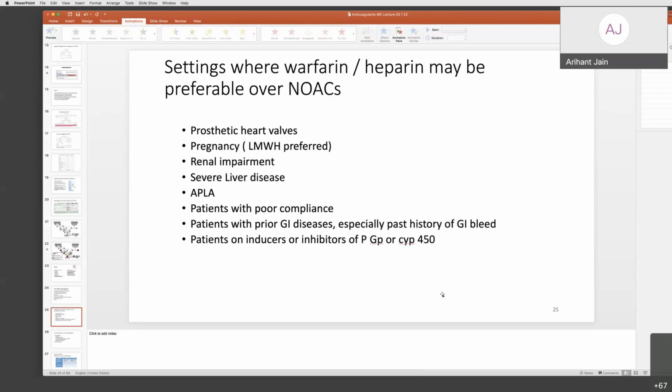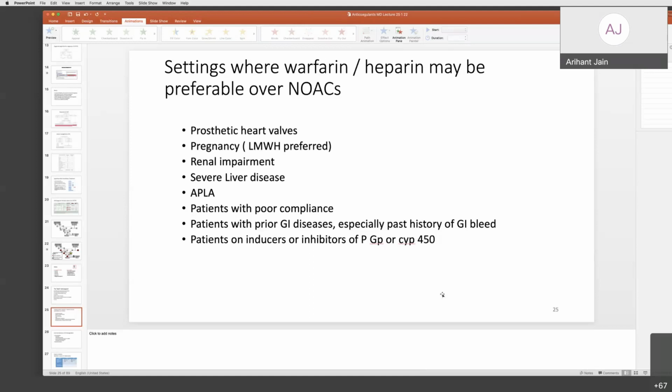One is prosthetic heart valves, then pregnancy. Again, low molecular weight heparin is preferred because NOACs have not yet been approved in pregnancy. Renal impairment, we will see what can be done in renal impairment. In severe liver disease, we typically don't use NOACs.